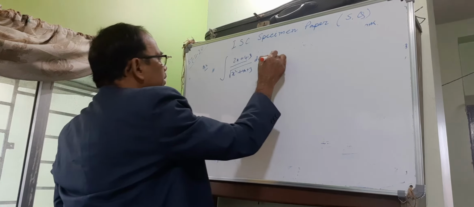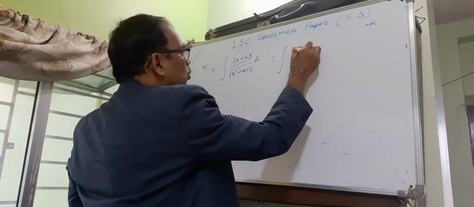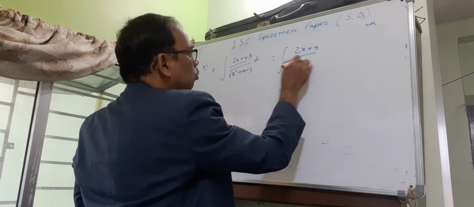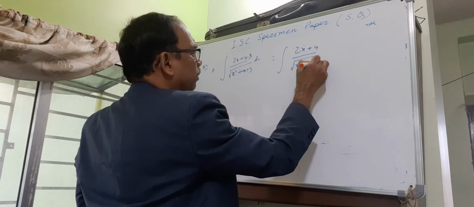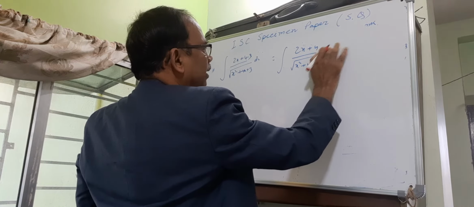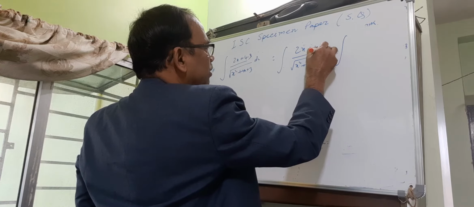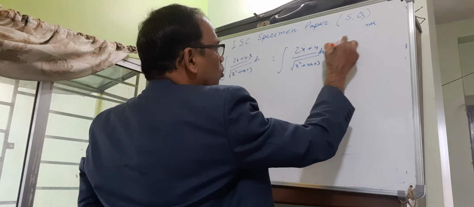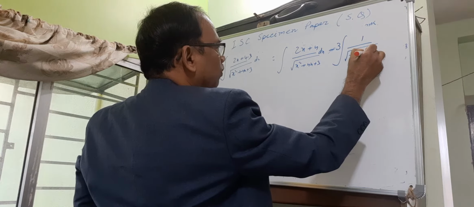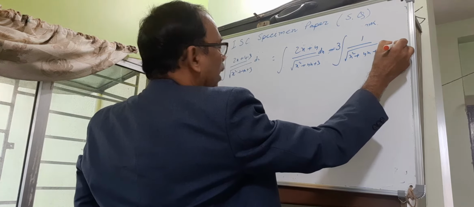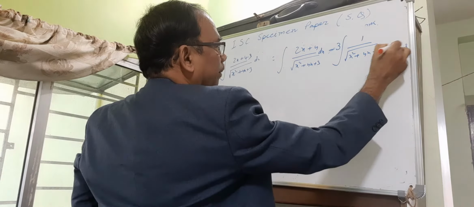Now splitting this, integration of 2x plus 4 by root over of x square plus 4x plus 3 minus integration, this is dx, integral 3 is outside, 1 by root over of x square plus 4x plus 4 plus minus 1.